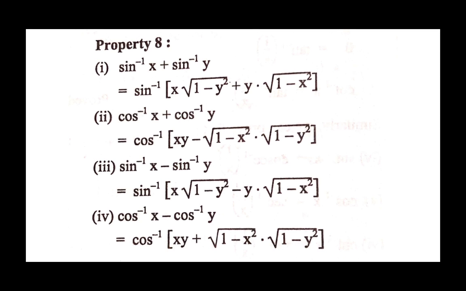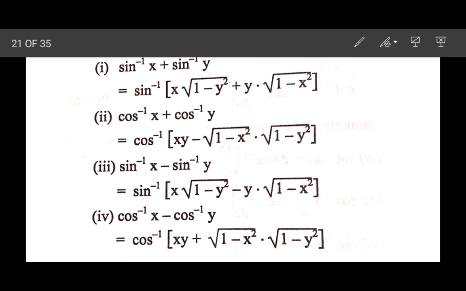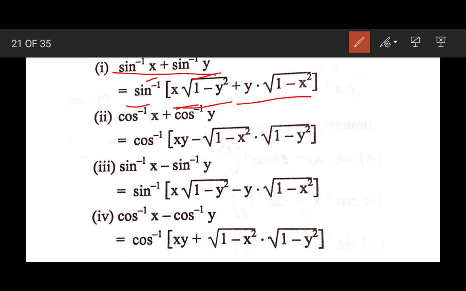Then property 8 says that sin inverse x plus sin inverse y is equal to sin inverse of x root of 1 minus y square plus y into root of 1 minus x square.